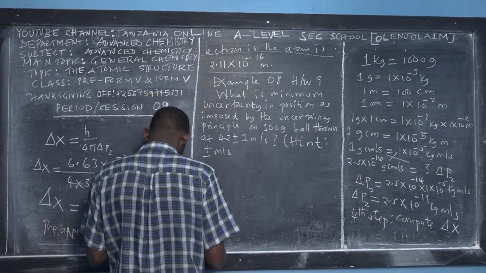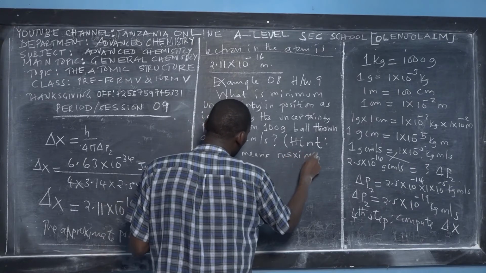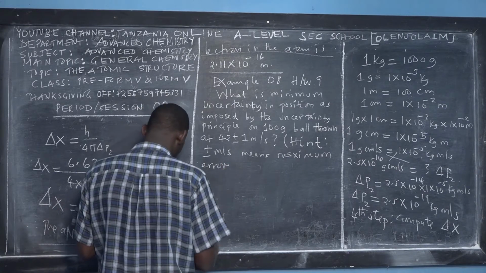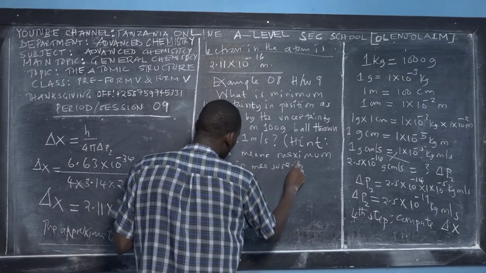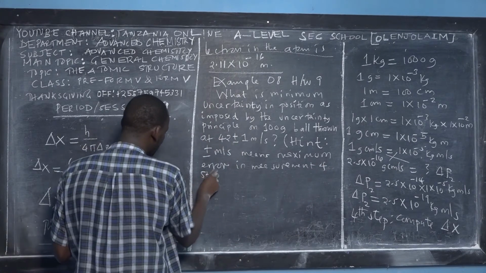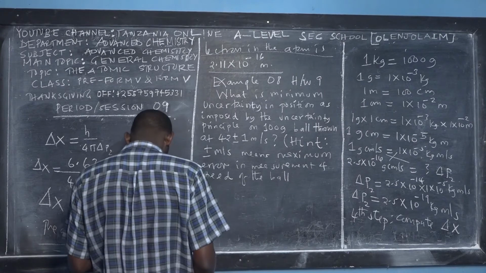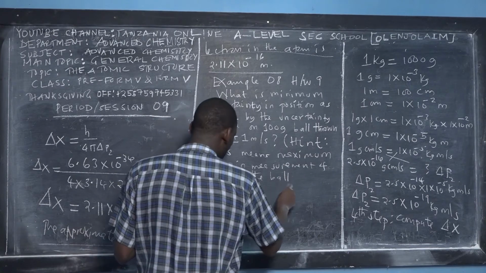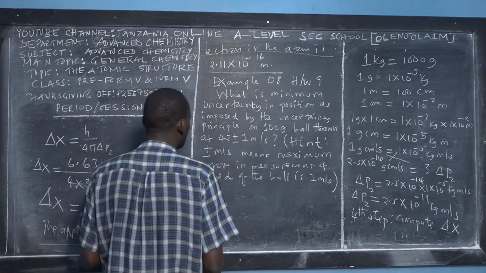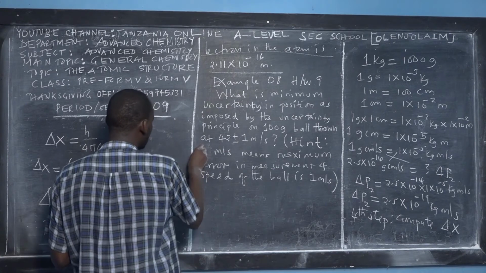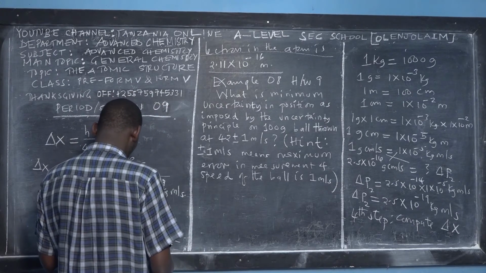Plus or minus 1 meter per second means this is the maximum error in velocity, the maximum error in measurement of the speed of the ball. So the maximum error in measurement of the speed of the ball is 1 meter per second.